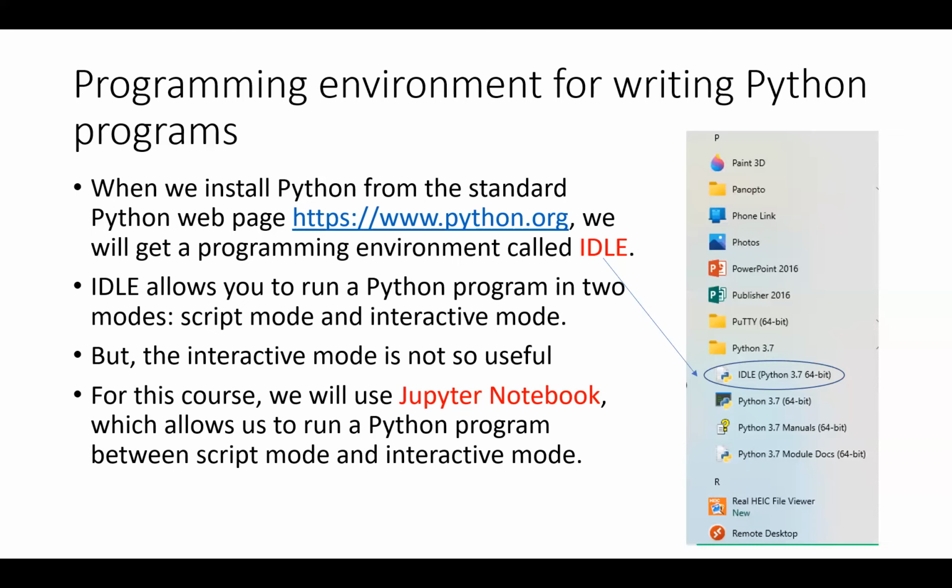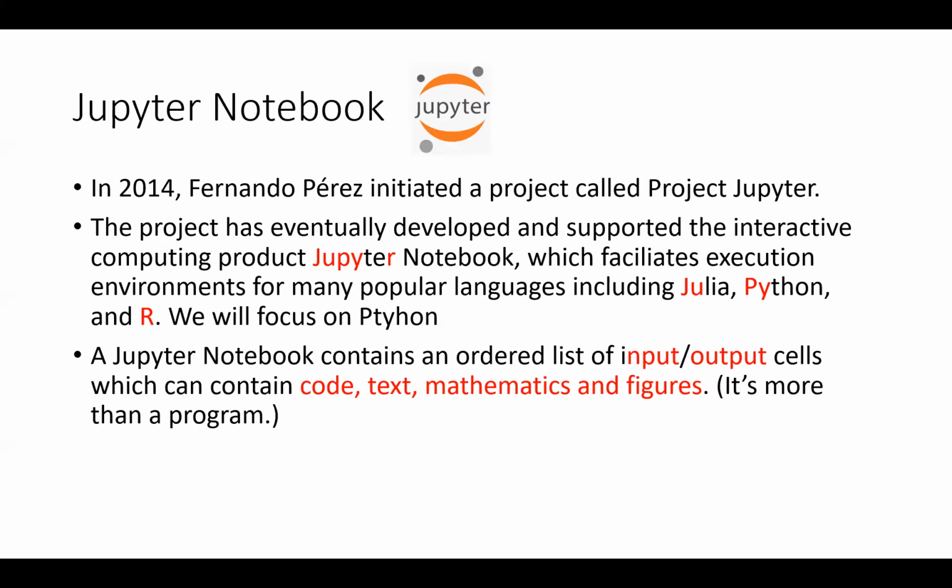In this course, you will see plenty of samples using Jupyter Notebook to develop programs, and you will see for yourself why Jupyter Notebook is so popular in developing programs, data science and learning. Okay, so this is Jupyter Notebook.